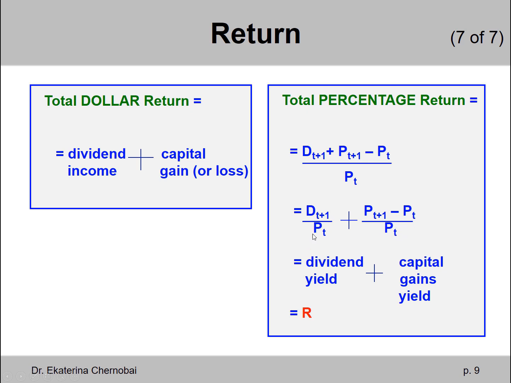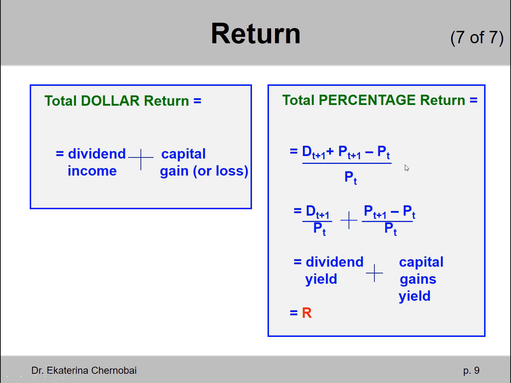And technically, these two yields come from a mathematical trick in which one fraction can be split into the sum of two fractions.